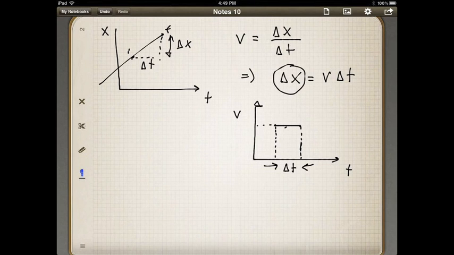Delta x is v times delta t. So what that is telling you is that in a plot of velocity versus time, if the velocity happened to be constant over a certain interval of time, then over that interval the distance traveled by the object will be equal to the area under the plot of velocity versus time. So let's see if we can generalize this result.